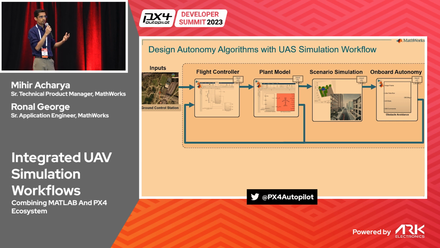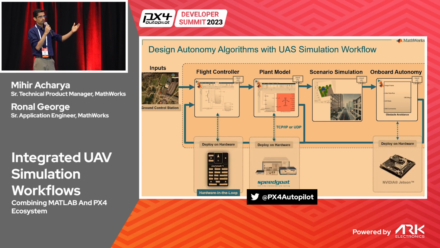And then we have scenario simulation, where we have an asset of the drone flying within a photorealistic environment, which is following the representation of the drone using the plant model. And we also have sensor models that detect various different objects in this photorealistic simulation for the autonomy algorithm to react on. And finally, the autonomy algorithms are designed within Simulink and can also be deployed.